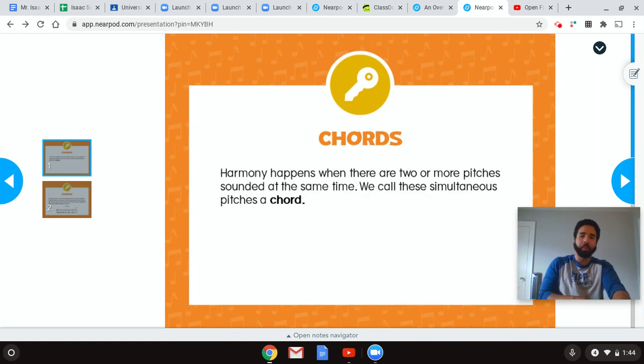So every day we warm up, you're hearing chords happening. Chord, chord, chord, chord, and one more, chord, chord. All right. So again, that's two or more pitches happening at the same time, it is a chord, or harmony, happening.